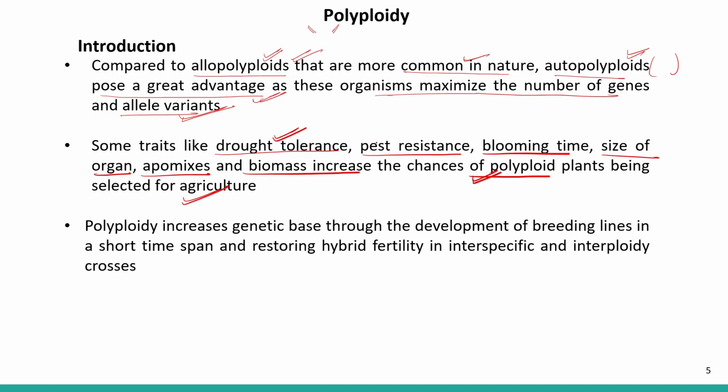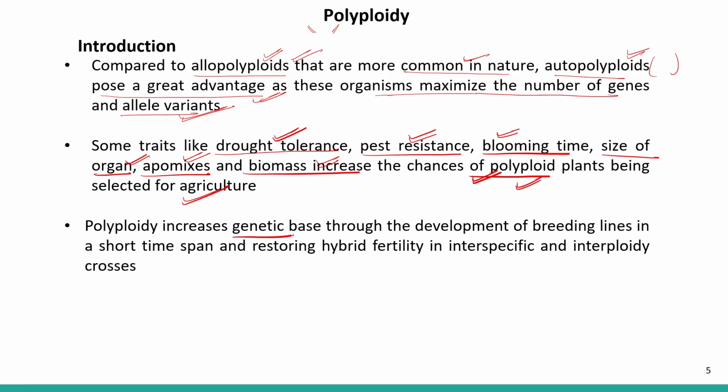Polyploids generally have these types of traits like drought tolerance, pest resistance, blooming time, meaning the plant may flower early, size of organ, apomixis, and biomass increase. So polyploids have so many advantages.